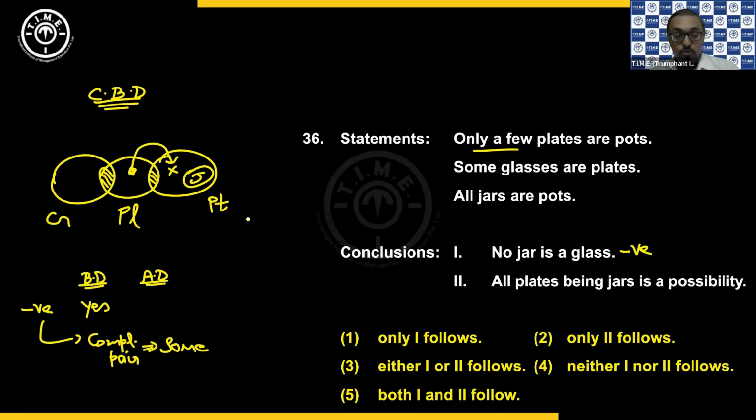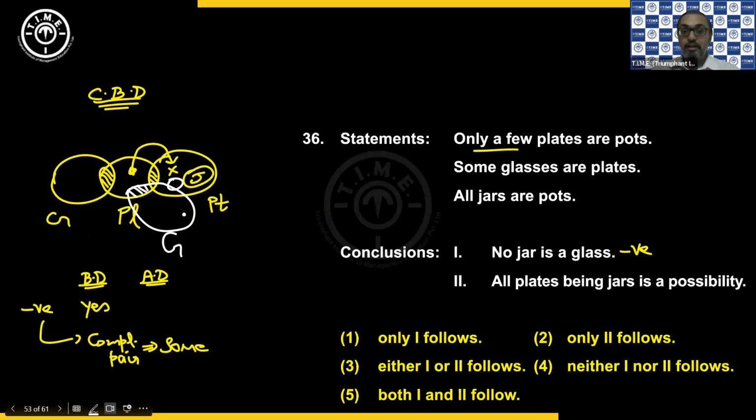Now what I can do is, see here, since glass is already overlapping with plate, correct? So can I draw an overlapping circle like this so that the original relation is still maintained? And can I move the jar circle somewhat like this here? I can, because I'm allowed to move within the circle.